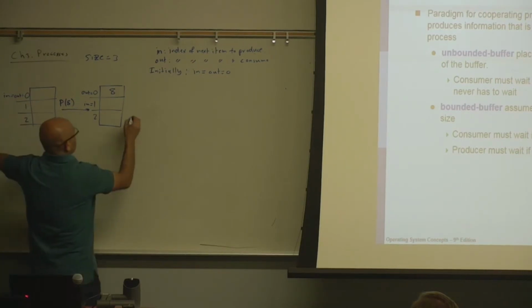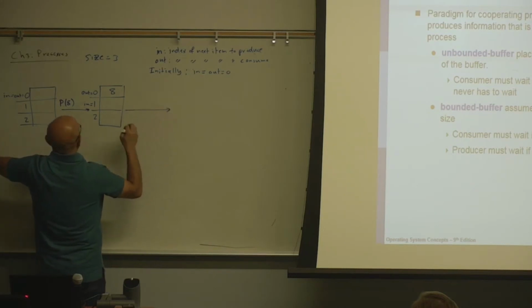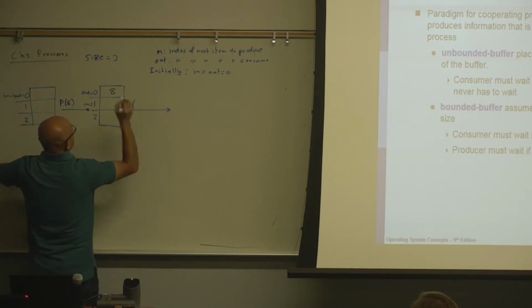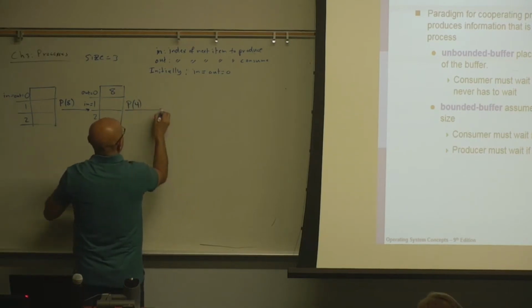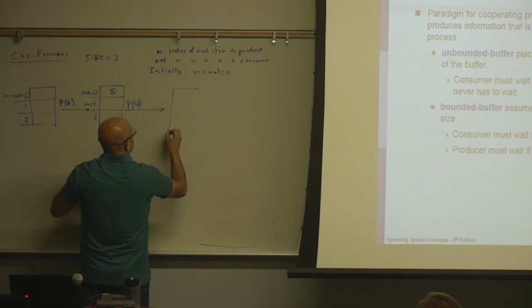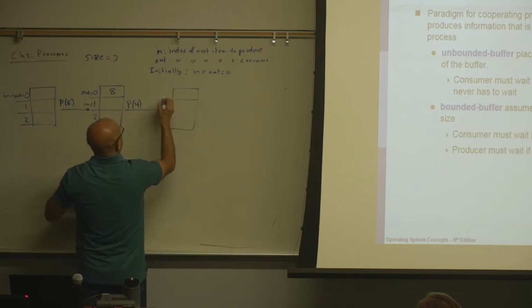Then what if we produce one more item, let's say a value of 4? Then we will have this. Out is still 0, this is 1, and in is now 2.